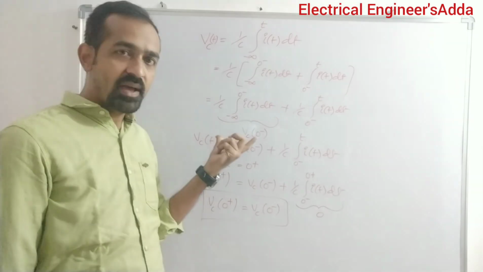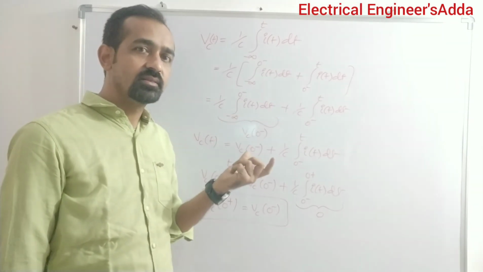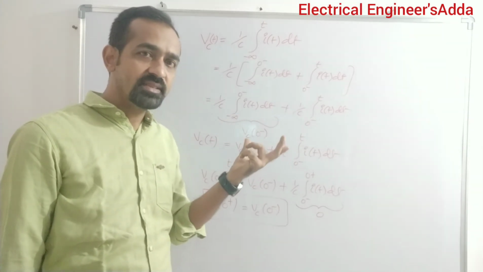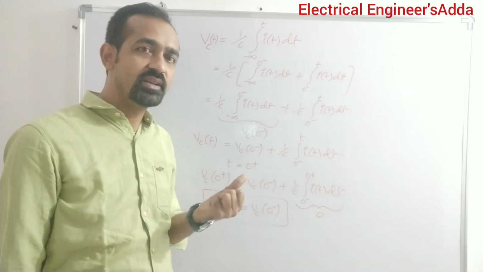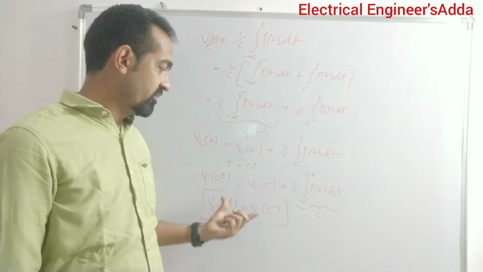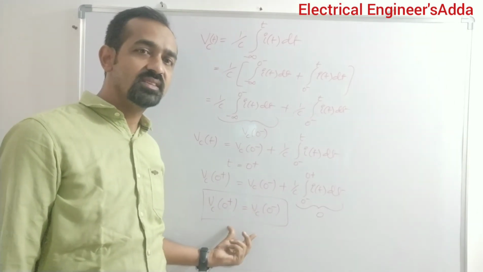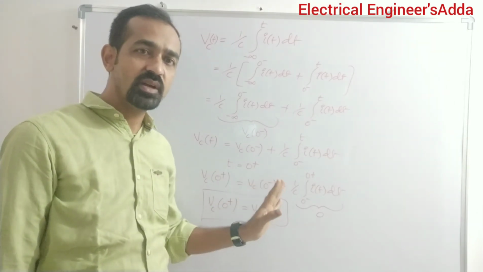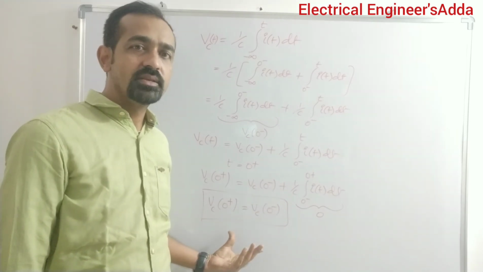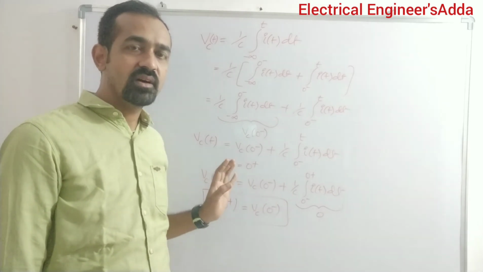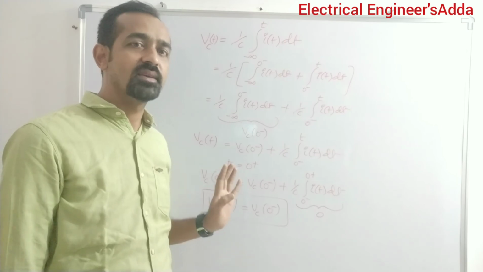For a capacitor, if DC values are considered, the capacitor acts as an open circuit in steady state condition. For a capacitor, Vc of 0 plus is equal to Vc of 0 minus. This means that the capacitor does not allow sudden changes in the voltage. These are the initial conditions of resistance, inductance and capacitance.